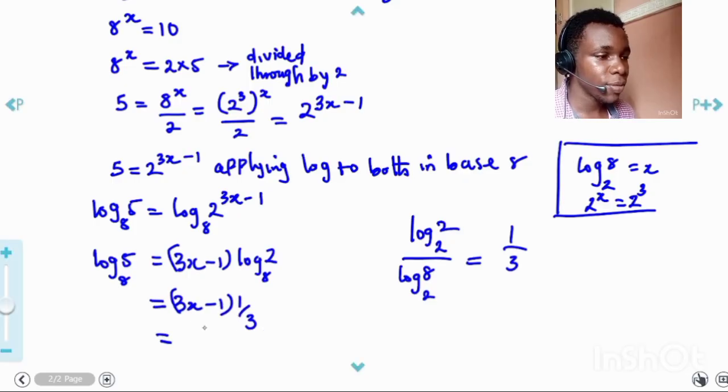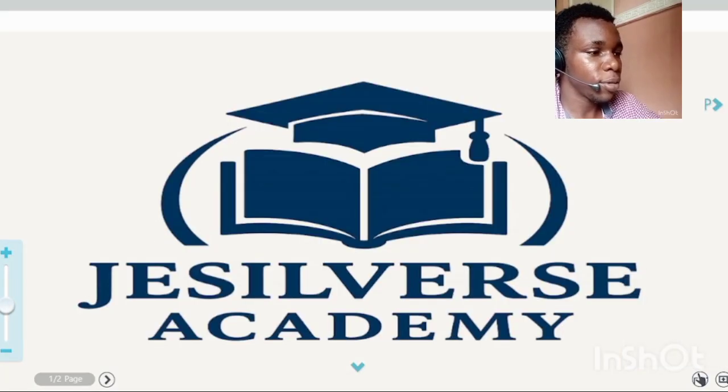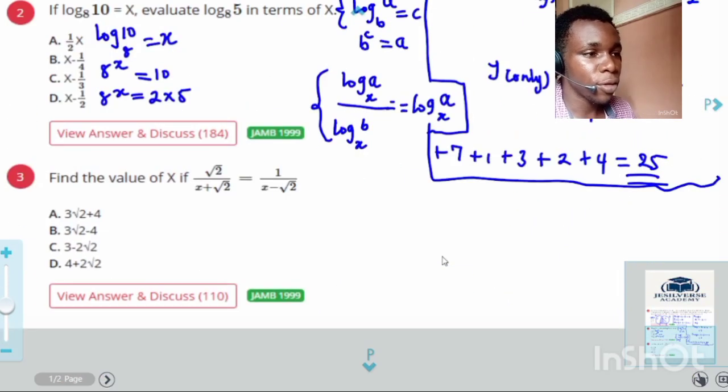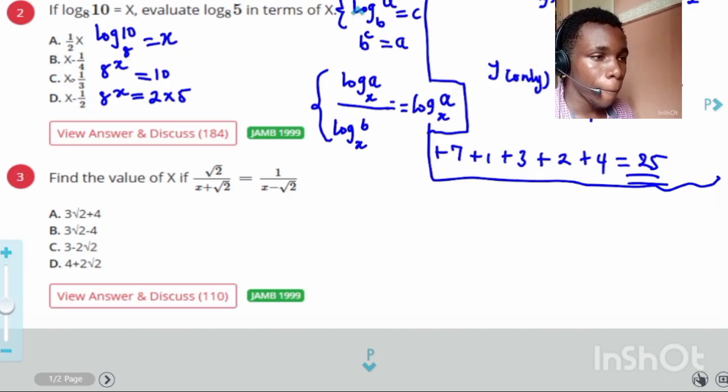We have here x minus 1 over 3. In other words, log 5 of base 8 is equal to x minus 1 over 3. All right. Then heading back to the initial, we have our answer to be equal to C.